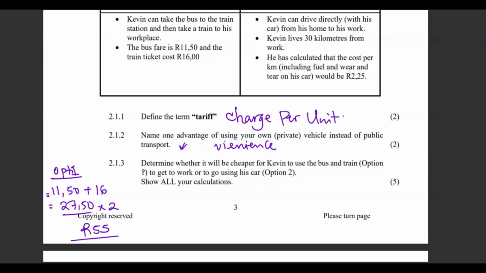That's 1 day. For the car, which is option 2, he has to take 30 kilometers. A day they are 60. Then each kilometer he is going to spend 2 rand 25 cents.